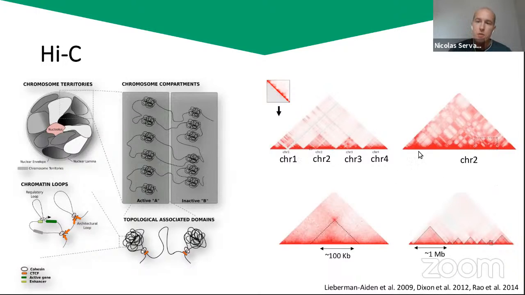Then at the level of a chromosome map, you have this checkerboard pattern, which is highly correlated with the A/B open-closed compartments. If you zoom again, you start to see what we call the TADs, which are these triangles around the diagonal, up to direct loops and contacts between loci in the genome.